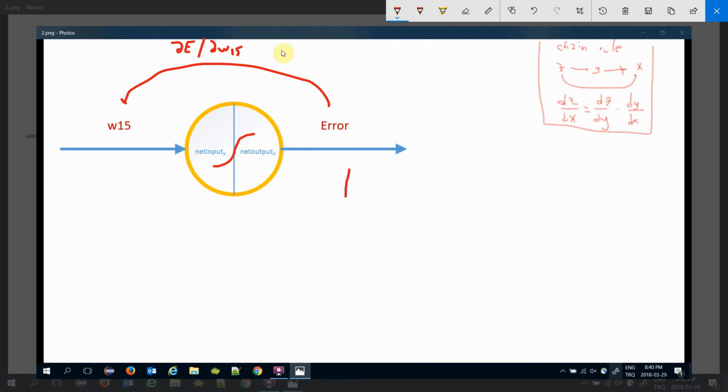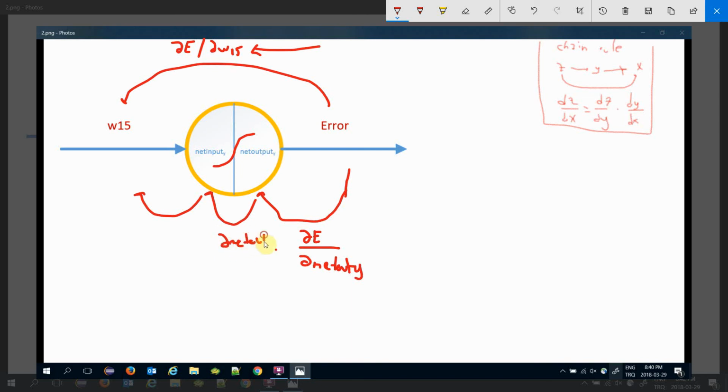And we will apply the chain rule for this calculation like that: the derivative of total error with respect to the net output y, times the derivative of net output y with respect to the net input y, and finally the derivative of net input y with respect to W15.